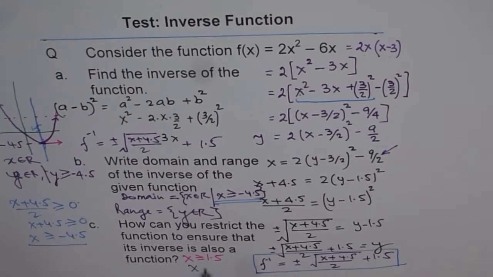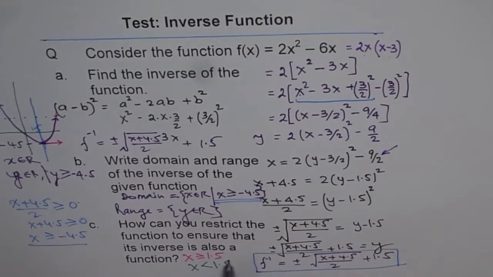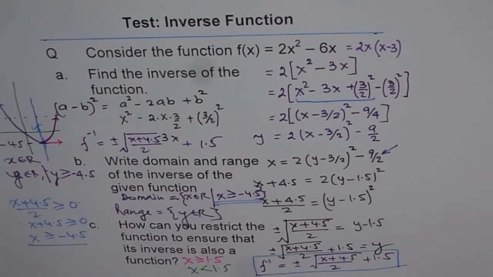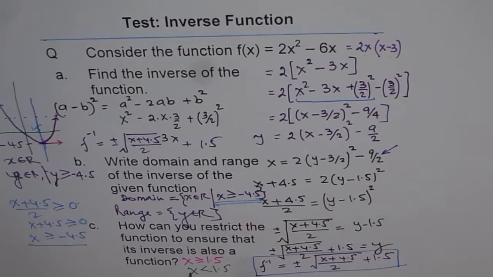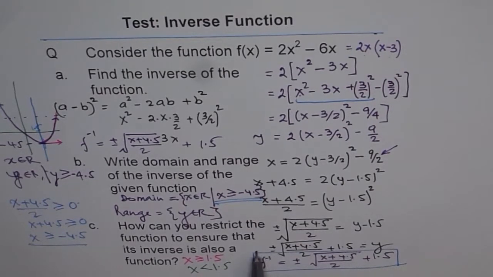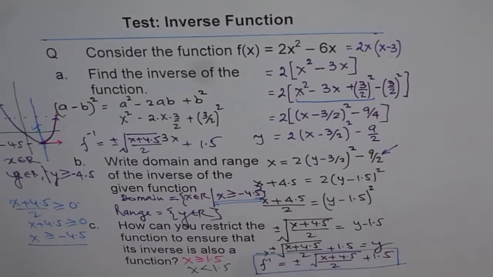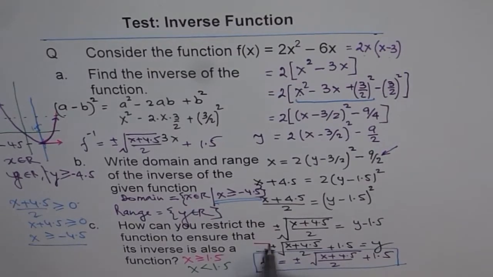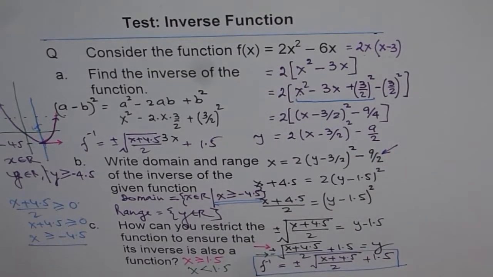Second, I could have said x less than 1.5, or less than or equal to 1.5. So there are two options. Now these options are important. If I take x less than 1.5, then I'm considering the negative part of this. And if I use x greater than or equal to 1.5, then I'm considering the positive part of my inverse function.